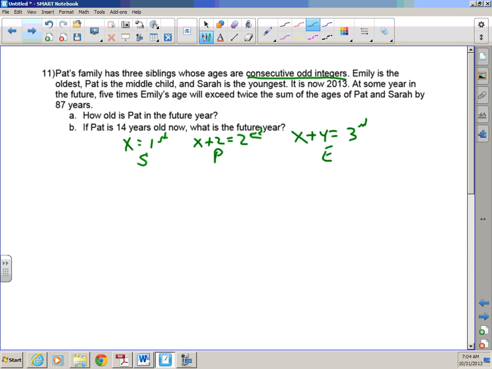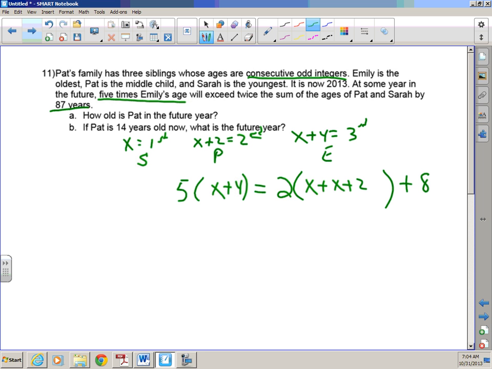At some year in the future, 5 times Emily's age, so 5 times x plus 4, will exceed twice the sum of Pat and Sarah's, so x plus 2, by 87 years. So I have to add 87 to their age. Okay? So first I want to solve all of this mess. You're using the distributive property, as you can see.